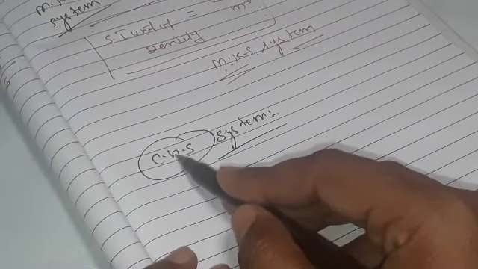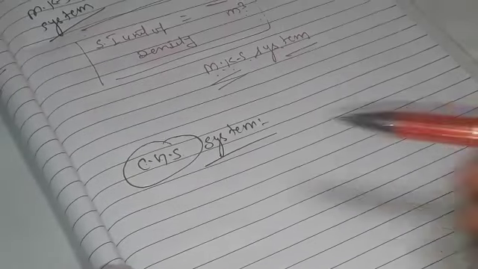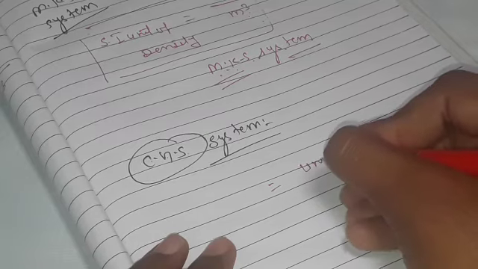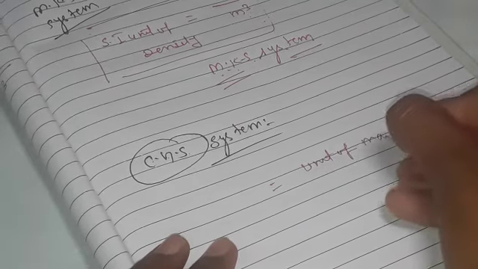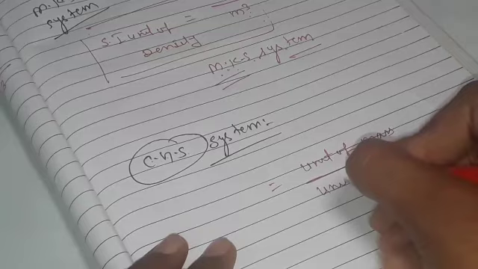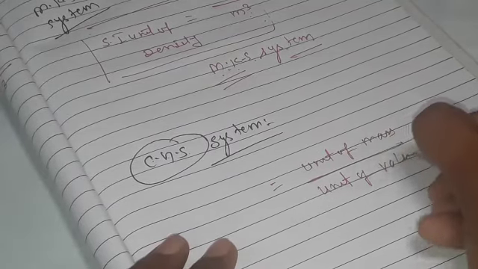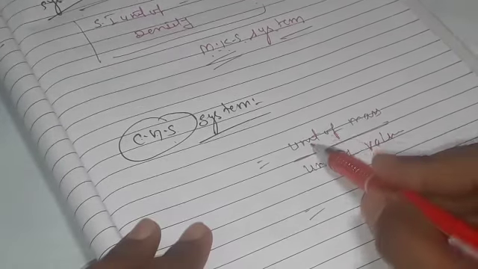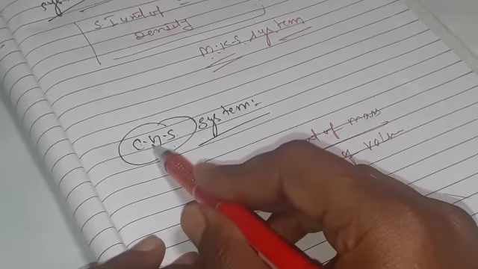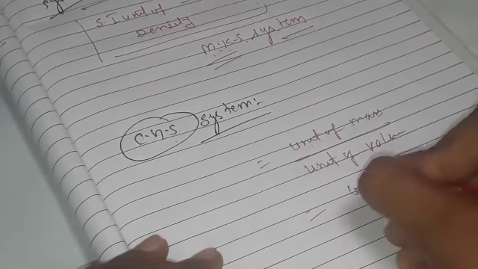For that you have to understand CGS means centimeter, gram and second. So unit of mass upon unit of volume. In the CGS system, what is the unit of mass? G means gram. Yes or no?